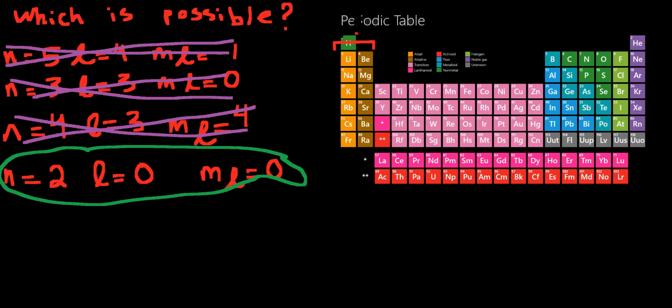This is the S area, as we said earlier, and then this is the P area. Since n equals 2, we're in the second row. You can have an S subshell or a P subshell in the second level. So L here can either be 0 or 1. Since it's 0, we're good. ML here is 0, we're also good. So option D is the one that makes sense.